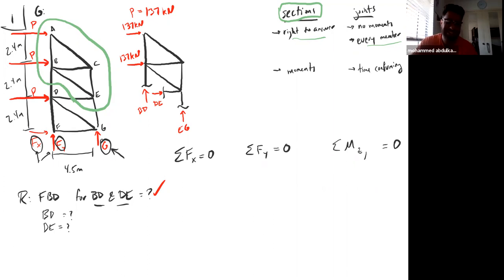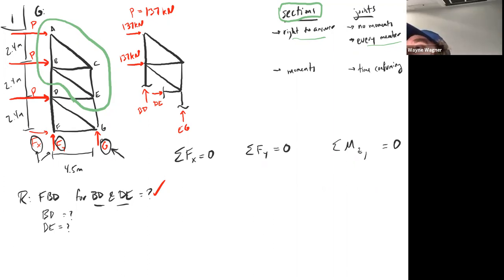One of the reasons the moment in this case is really easy is because we can pick a point that's going to eliminate all the forces but one. But it depends on where we put the moment point, and there are 2 correct answers. I'm going to put a dot on them and explain why.